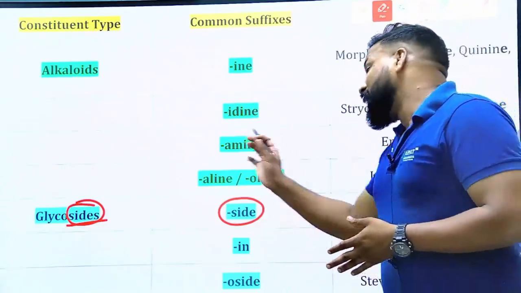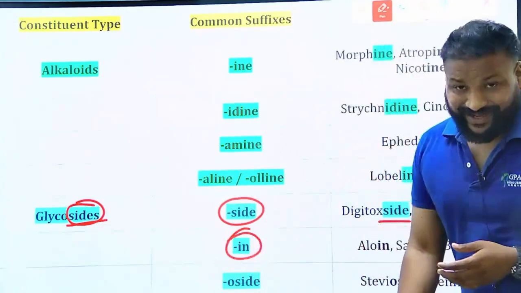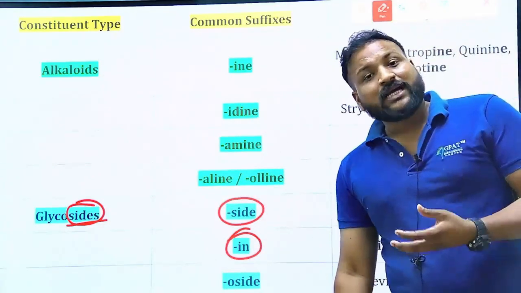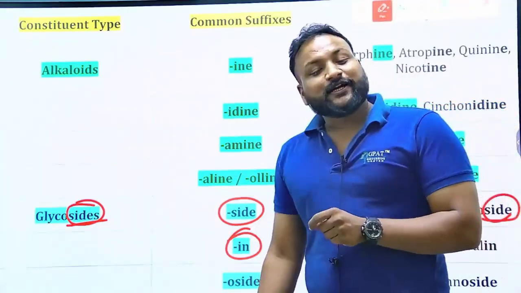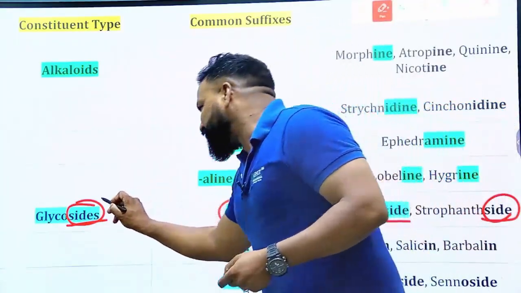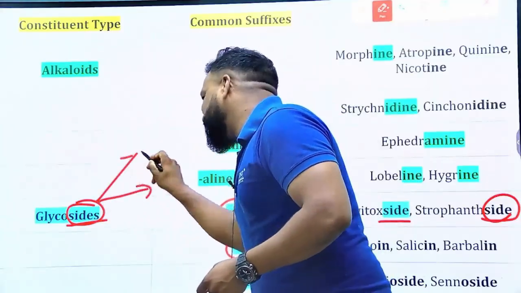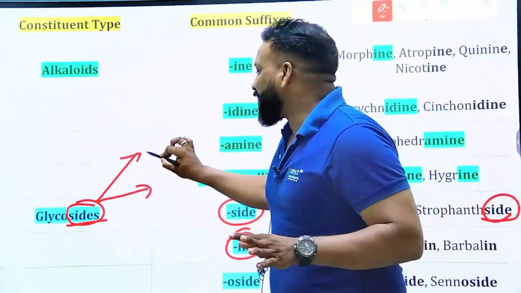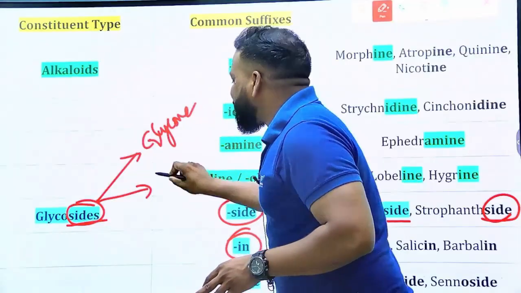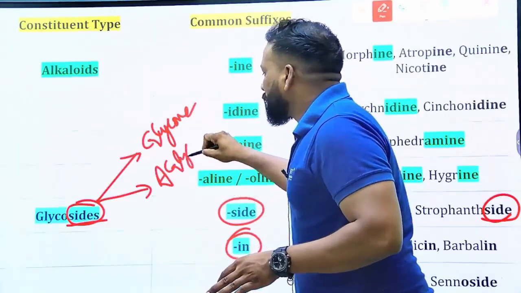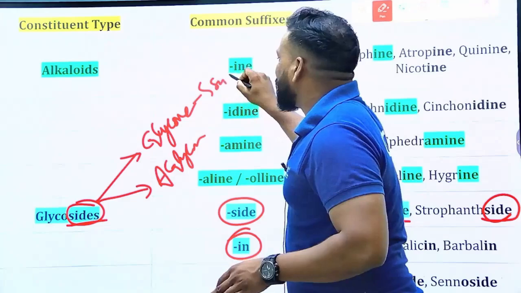And just coming to the ose, ose sometimes stands for glycoside, because a glycoside is divided into two parts. It contains two parts: one is the glycone moiety, another one is the aglycone moiety. Glycone means sugar.